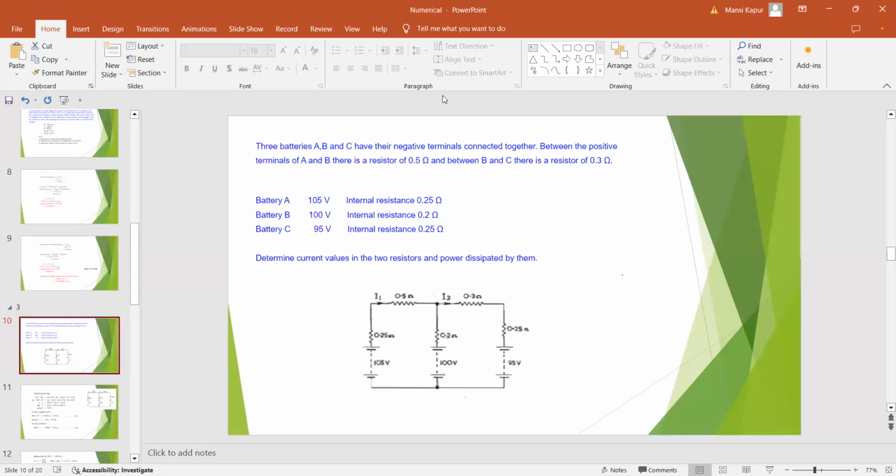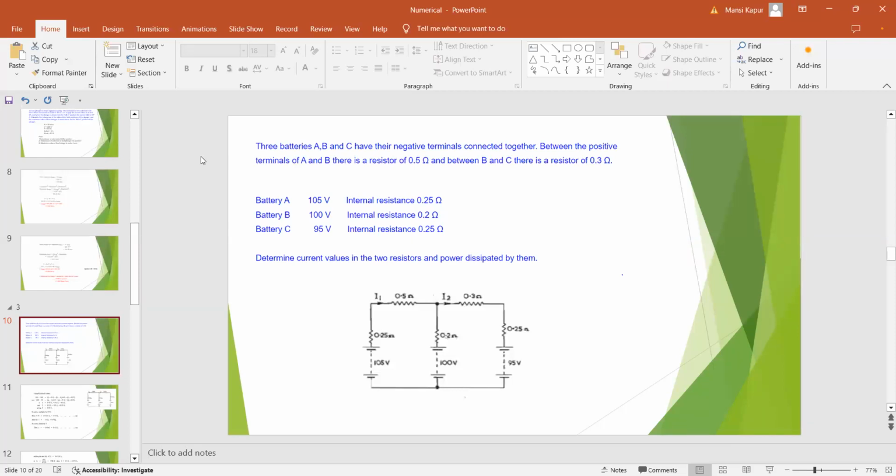Okay, so now we'll solve this question. Three batteries A, B, C. Did we do this question before or no? No, sir. Okay. So three batteries are there, and their negative terminals are connected.